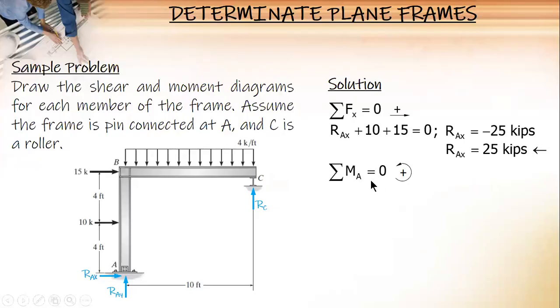And then summation of moment, we need to resolve this one or get the resultant of this. So 4 times 10, right? Acting at the centroid, 40. So let's sum up moment at A. We have RC times 10, 40 times 5, 10 times 4, 15 times 8.